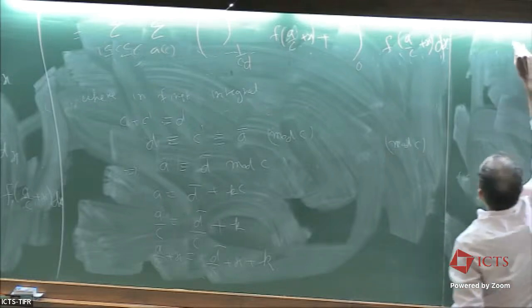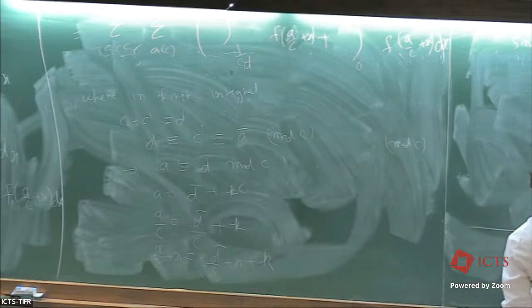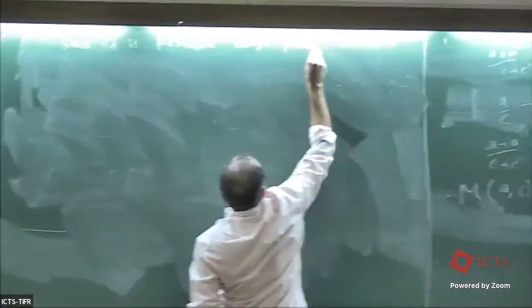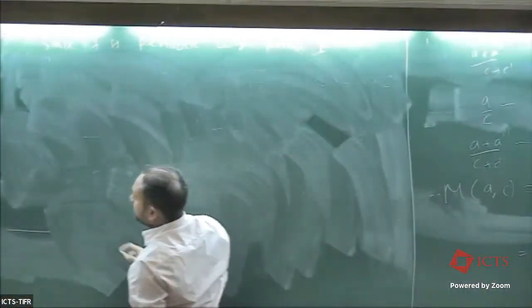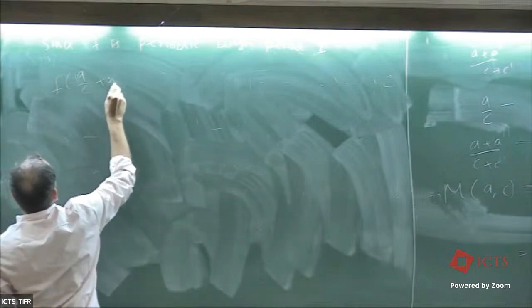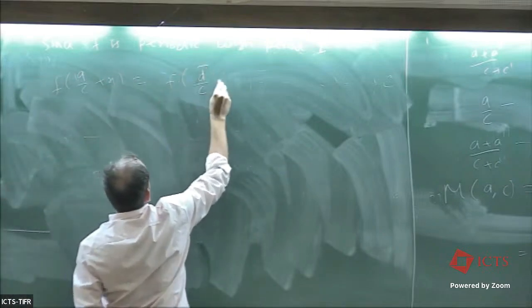Since f is periodic with period 1, we have f of A by C plus x is nothing but f of D bar by C plus x.